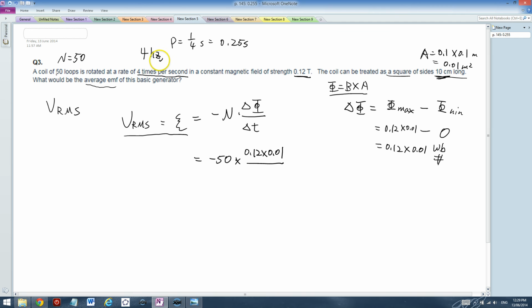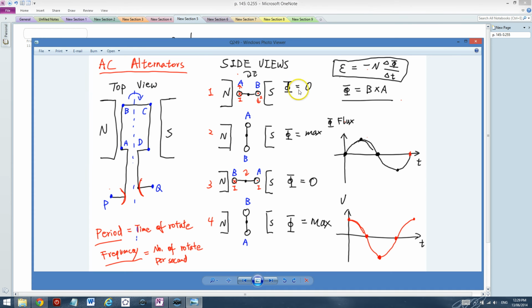The frequency is 4 Hz, the period is 0.25 seconds. However, if you look at the diagram, the time for the coil to change from minimum to maximum, from position 1 to position 2, is not a full period.